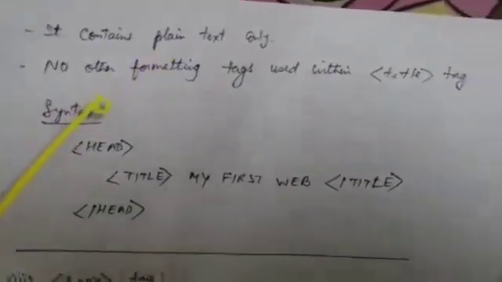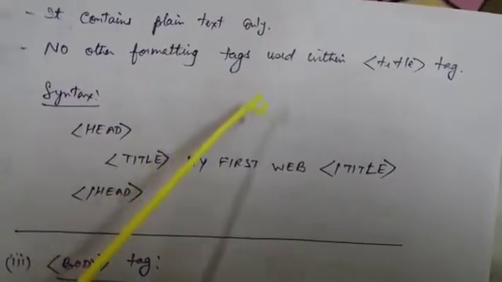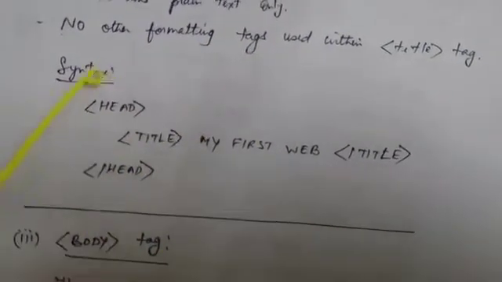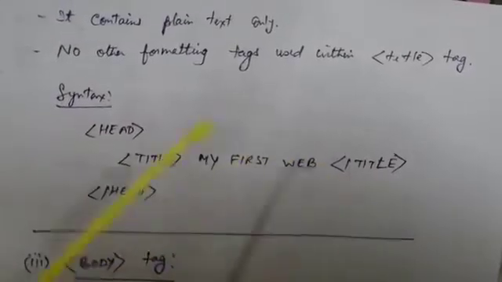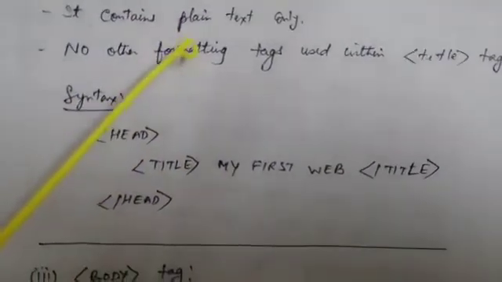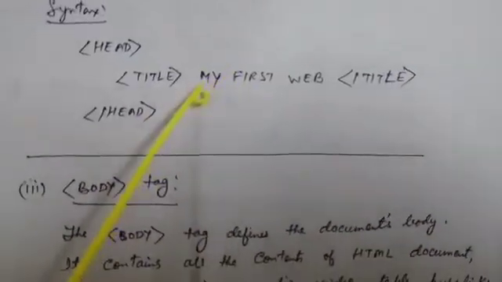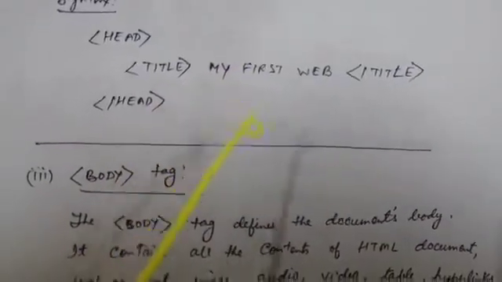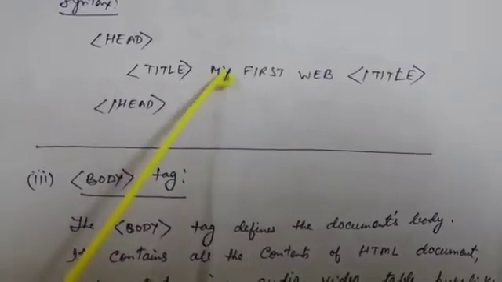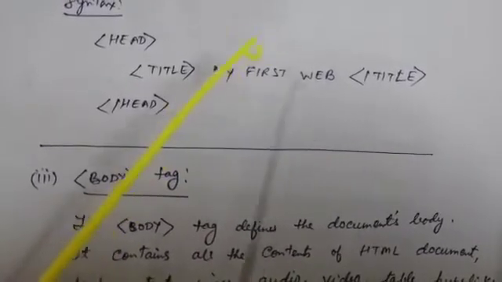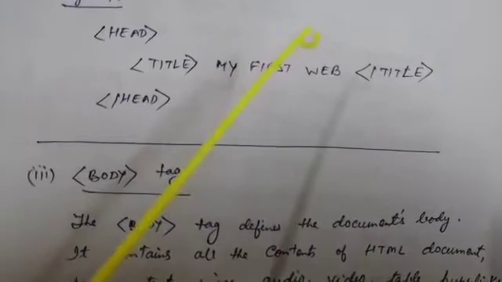It contains only plain text, and no other formatting tags are used within the title tag. So we use only plain text within the title. Don't write title font color is equal to red. No, that will not give you a result. It accepts only plain text. Just write the text contents, like my first web page, that's it.